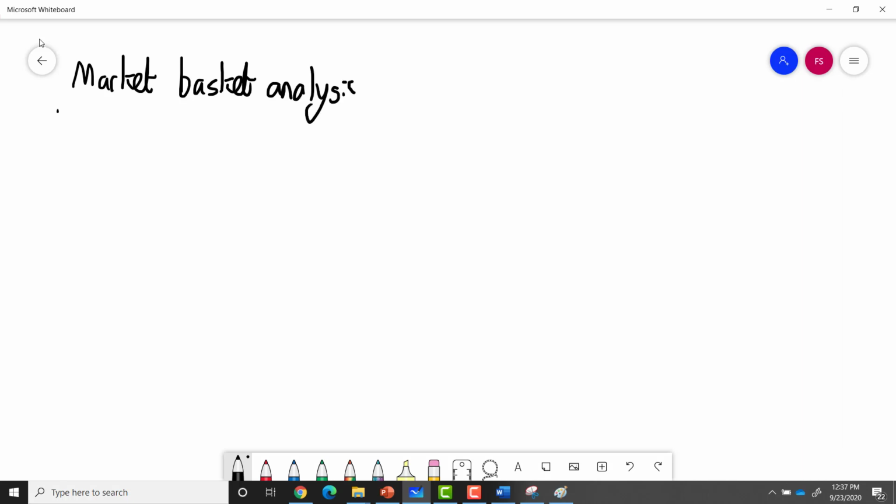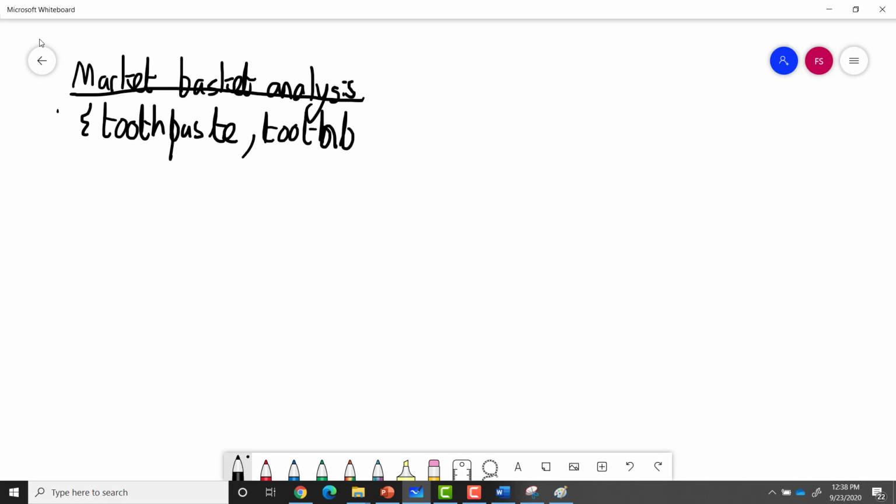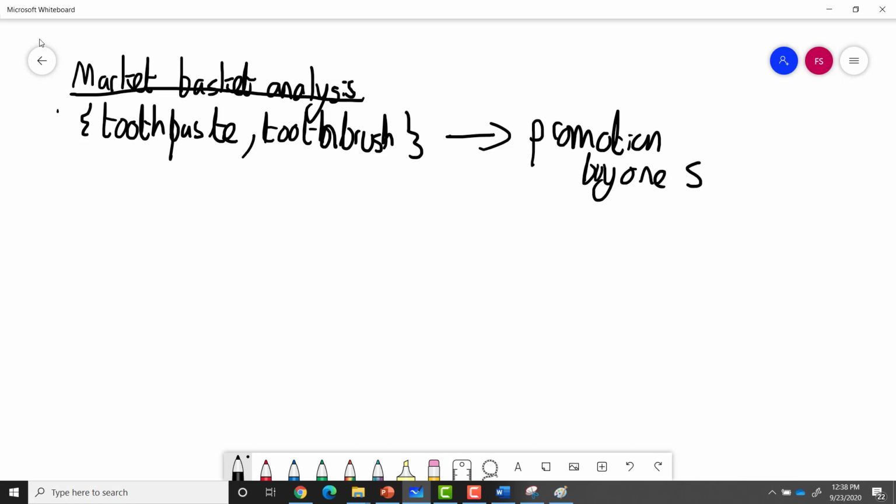Here we trawl through all the consumer transactions and look for items that go together. So a certain brand of toothpaste might occur more often than we'd expect by random with a certain brand of toothbrush. So we could actually do a promotion on these items, like buy one, get 50% off.